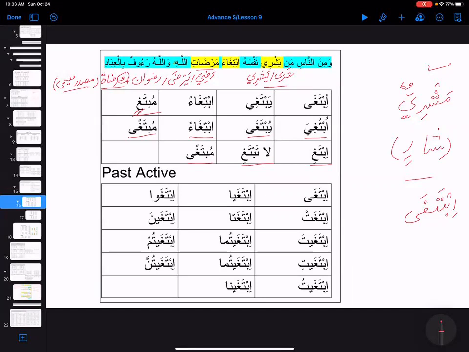Basically everything he has, he gave it out just for the sake of what? Ibtigha mardatillahi, just to seek the pleasure of Allah subhanahu wa ta'ala, right? Yeah, pleasure of Allah subhanahu wa ta'ala. And wallahu raufun bil ibad.